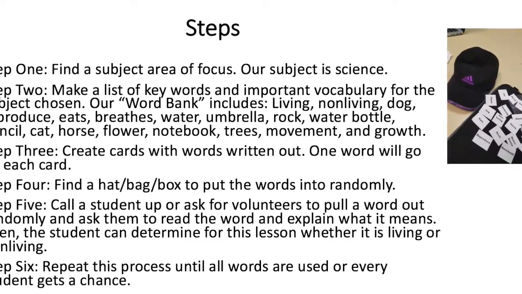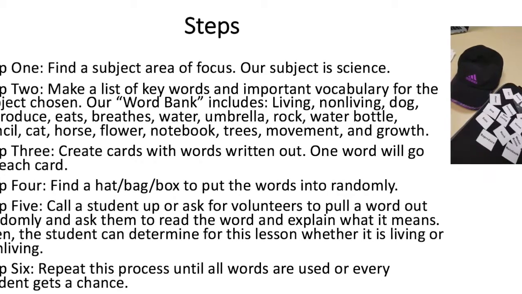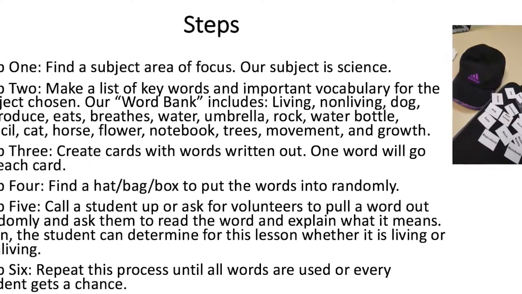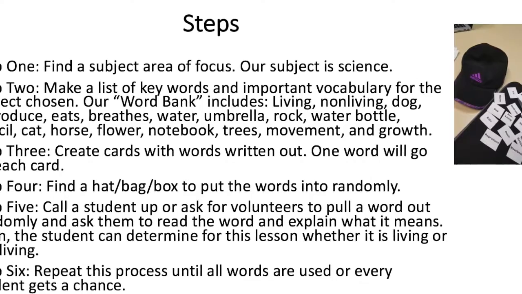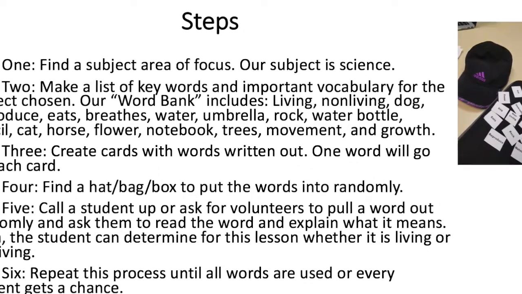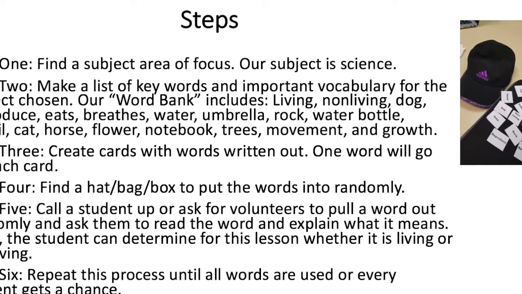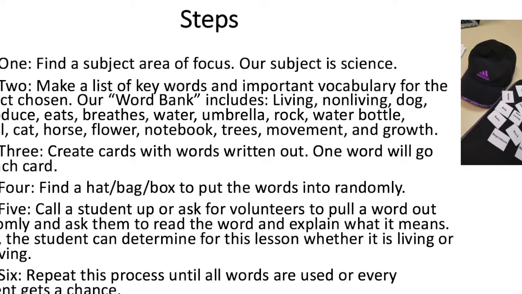And then step 5, you're going to call a student up and ask them to pull a word out of the hat, and then they're going to explain what the word means and how it relates to the lesson. So for this, it's whether it's living or non-living. And then for step 6, you're just going to repeat it until you feel like the students understand.